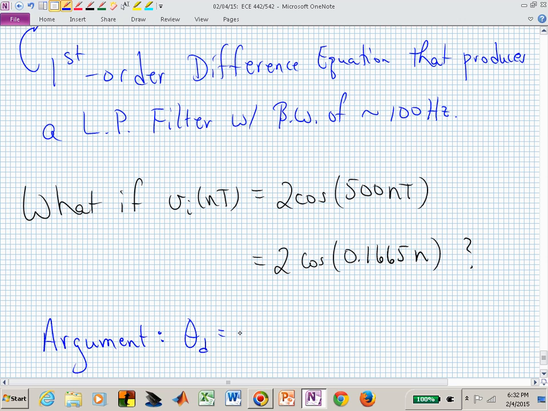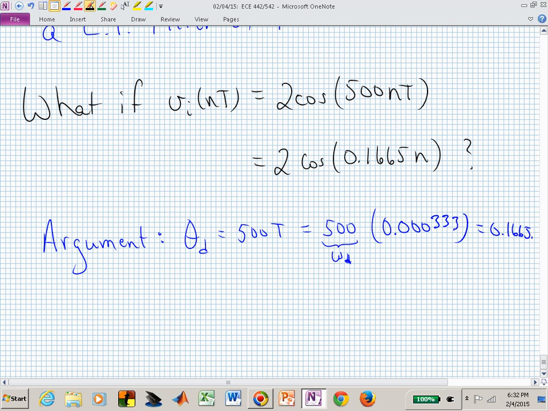That's really this theta sub d was 500t, where this is the omega sub d, the damped frequency, and this is our sample period, capital T. Can we find v sub 0 of SS?